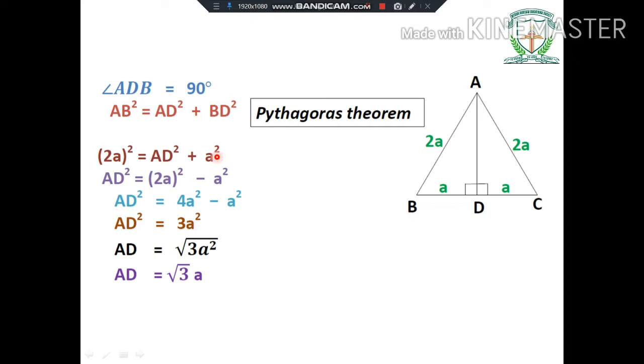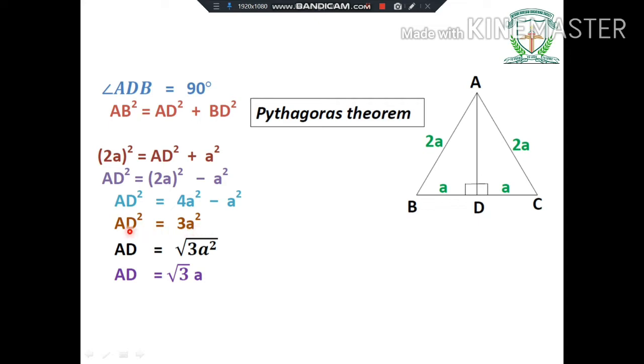Now simplification. Write AD square as it is, equal to 2A whole square minus A square. 2A whole square means 4A square, minus A square. Here 4A square minus A square is 3A square. Therefore, AD square is equal to 3A square.